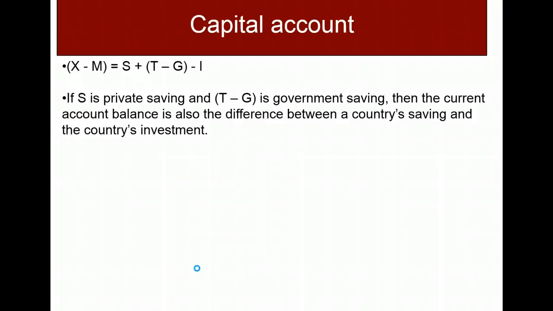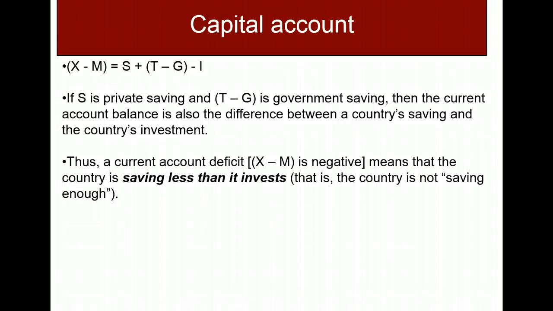So if private savings S and public savings T minus G are over here, then the current account balance is also the difference between the country's savings and the country's investment. Thus, if the current account is negative, meaning it's a deficit, the country is saving less than it invests.